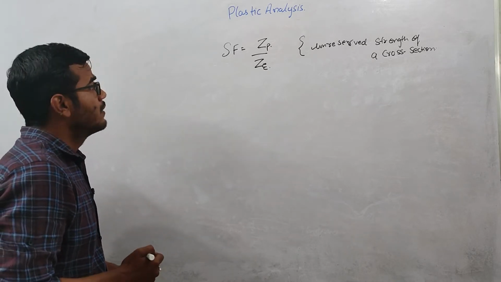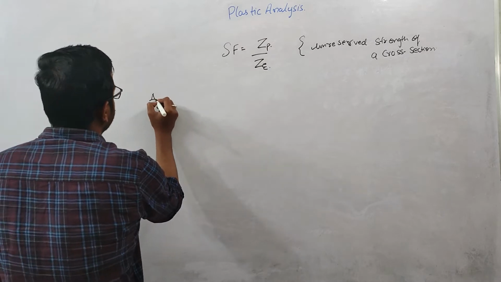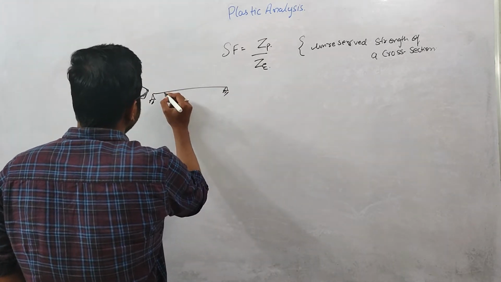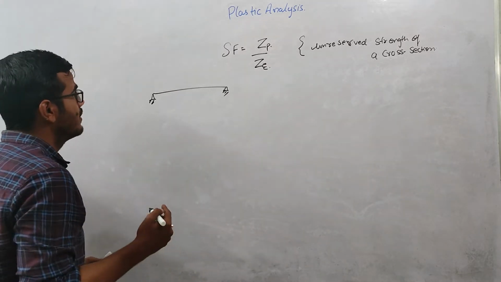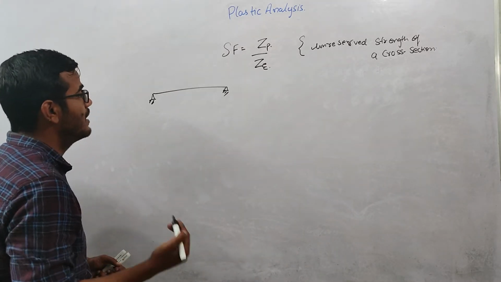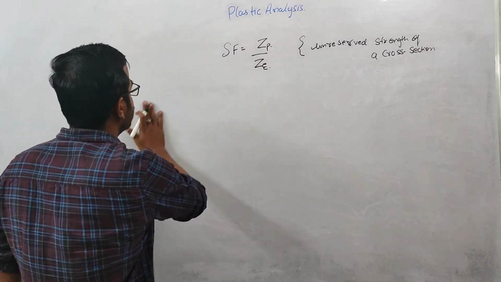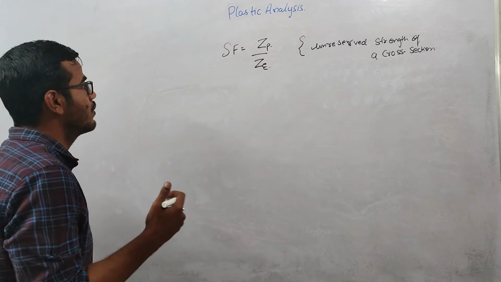Let us suppose you have a simply supported beam, and this beam can be of any cross section. It may be circular, rectangular, I-shape, or diamond shape. So we are calculating the shape factor for different cross sections of the beam.